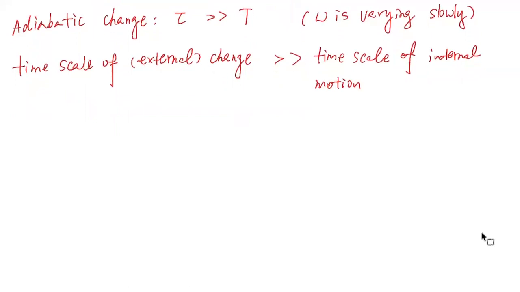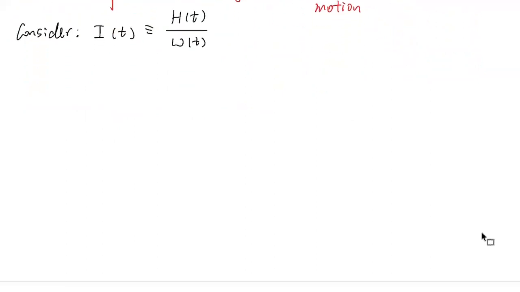Now, let us consider this quantity, I, defined as the total Hamiltonian over omega(t). Let's investigate what dI/dt is.